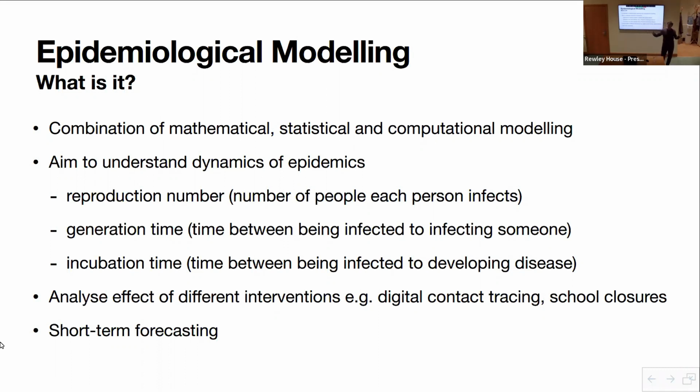It's not really a single number, it's a distribution, but if you just think about the mean time. And that's really important for two reasons. If you combine the generation time and the reproduction number, it tells you how quickly an epidemic is going to grow. And the second thing is that generation time gives you the amount of time you have to intervene to prevent that person from infecting someone else.